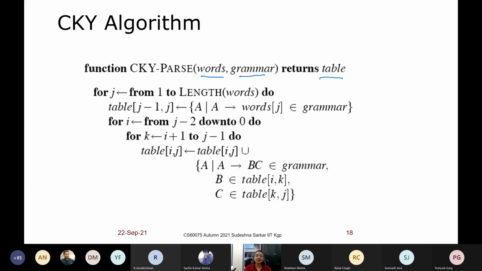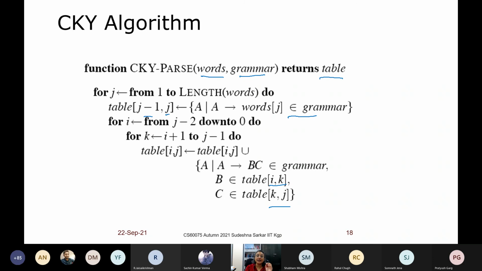Then for that column, for each entry, we first fill up those A which come from the grammar, and then we find out all decompositions of that phrase from i to j, with k going from i plus 1 to j minus 1. So we find out the table entries ik and the table entries kj.